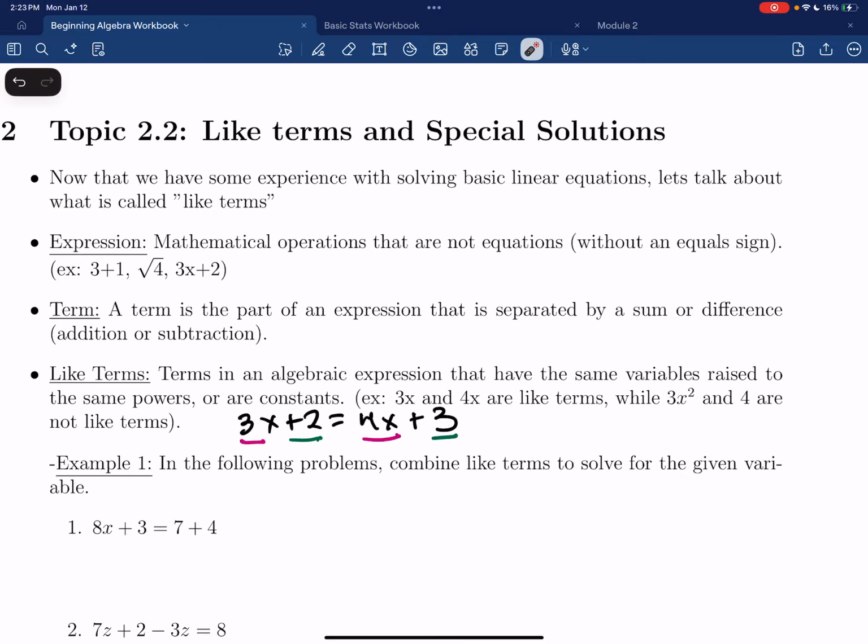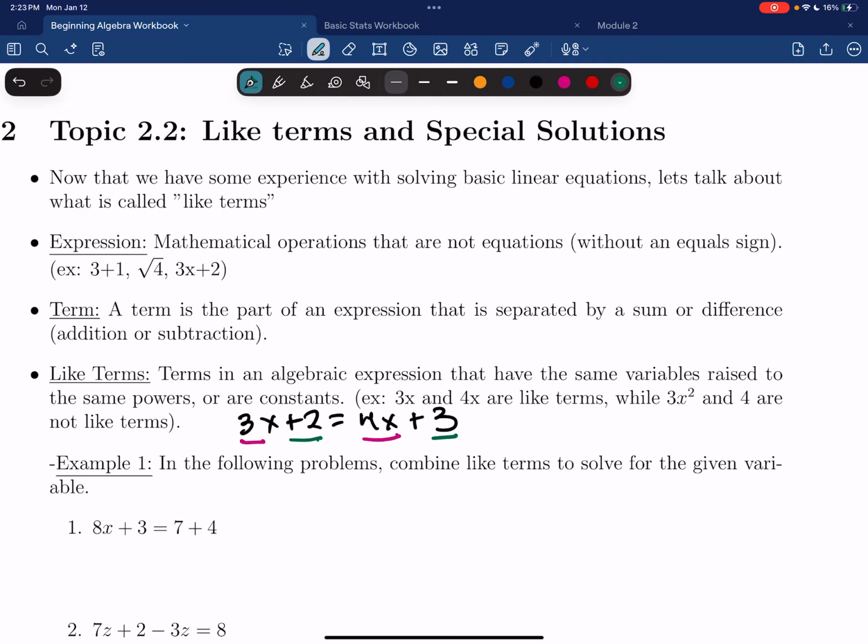So this idea of like terms becomes very important in the kinds of linear equations that we're going to be solving in this section, because you can combine like terms in algebra. And this is how we're going to solve all these kinds of linear equations.